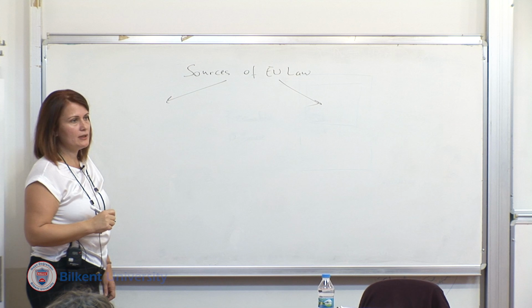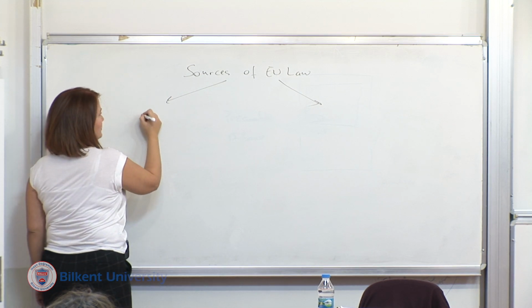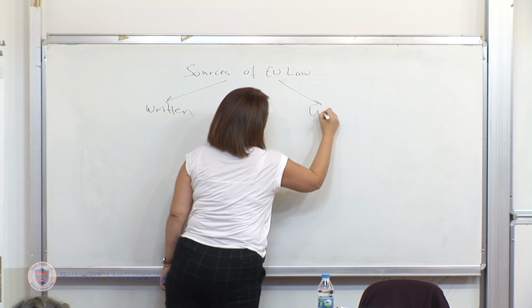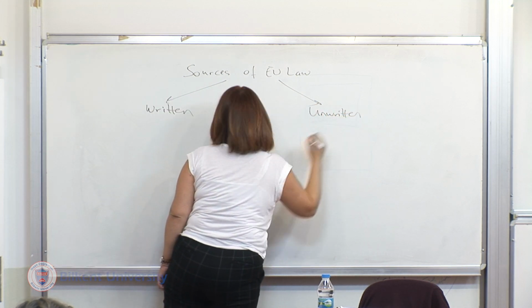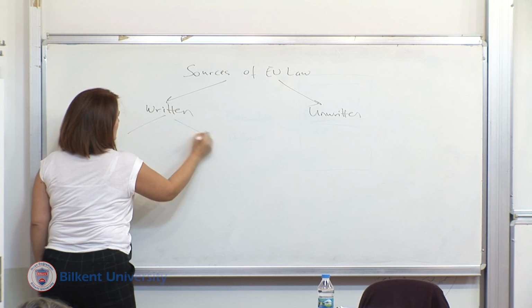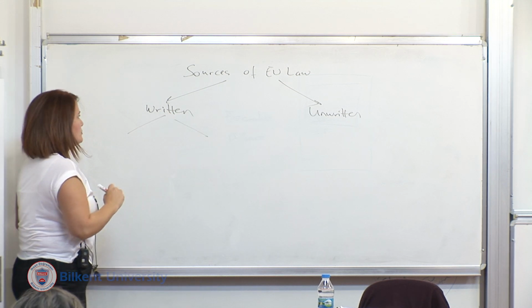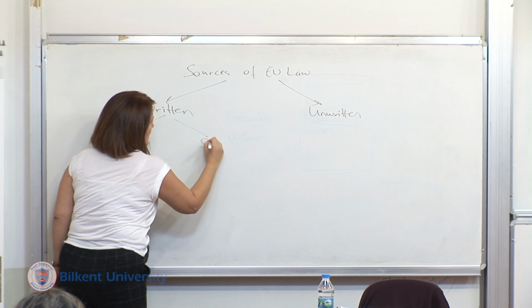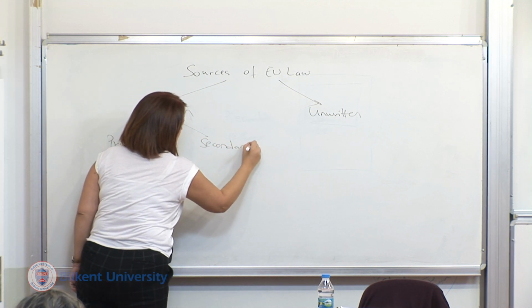Sources of European Union law are divided into two: written and unwritten sources. The written sources are divided into two: primary sources and secondary sources.